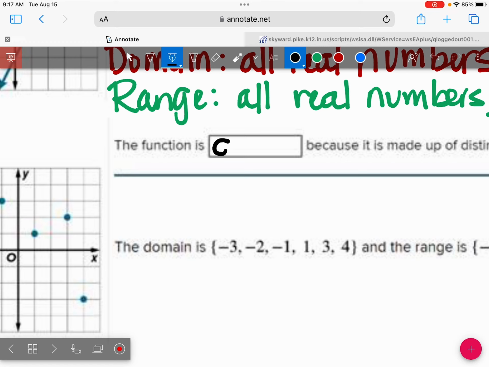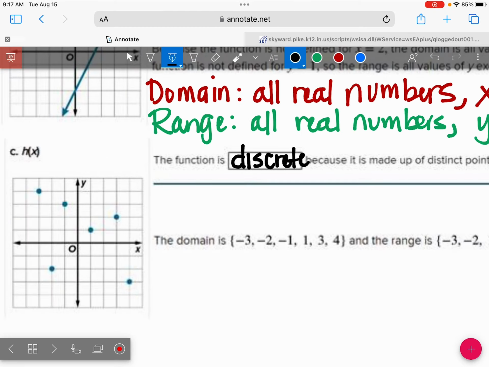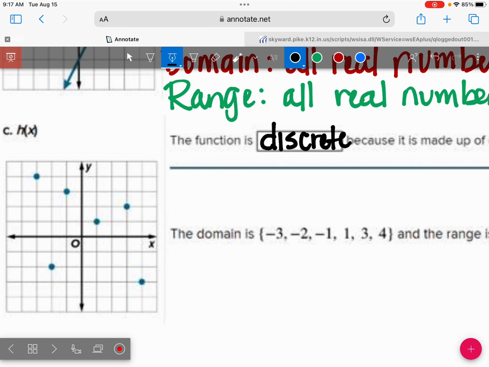It is discrete. And for your domain, you simply list all of the x values of your points. So let's talk about how we did that. If I'm just looking at every point, I'm going to see what are the x values of those points.